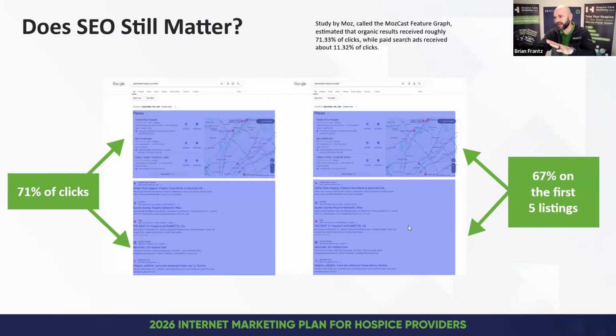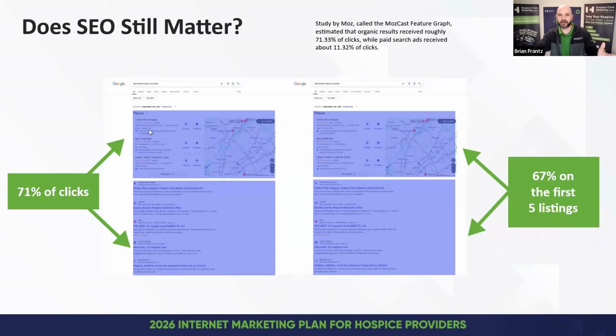Okay, so the lion's share of the visitors are landing in those first five results. So showing up at the top in your service area for a number of different keywords is very, very important, right?